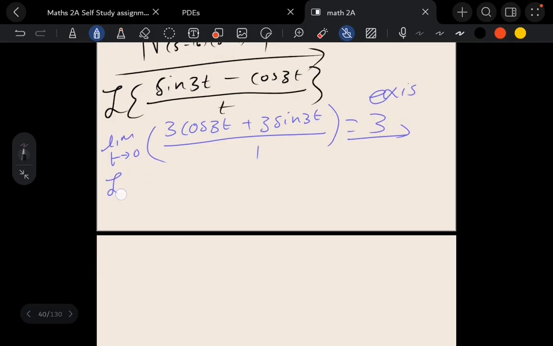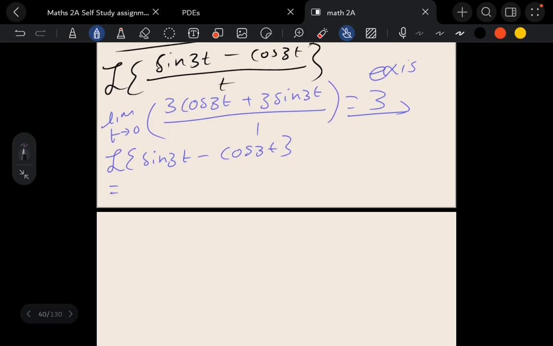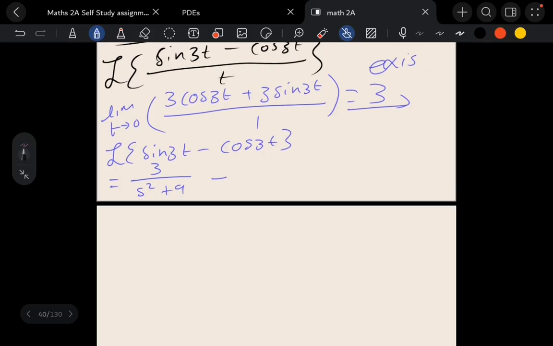We need to find the Laplace transform of sine 3t minus cos 3t. What is the Laplace transform of sine 3t? That is just going to be 3 over s squared plus 9, minus the Laplace transform of cos 3t, which is s over s squared plus 9.